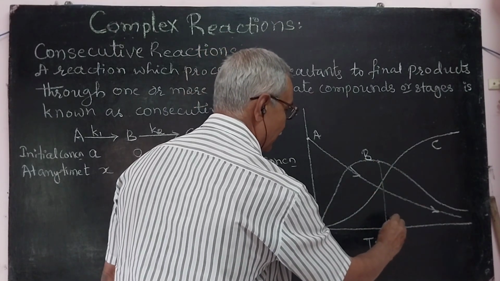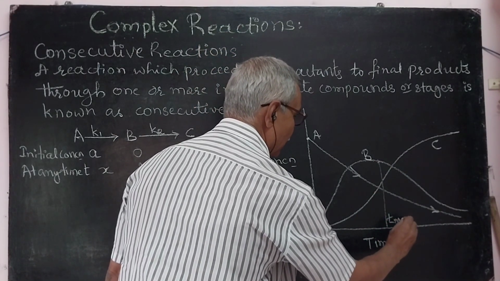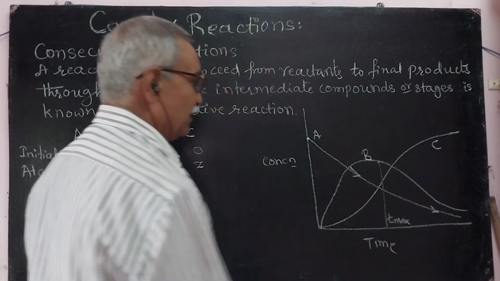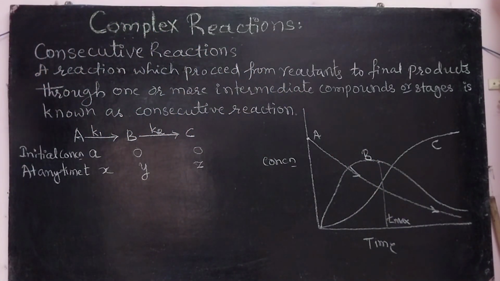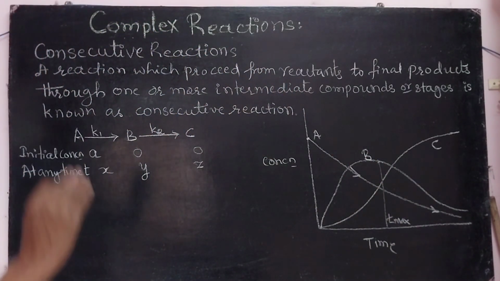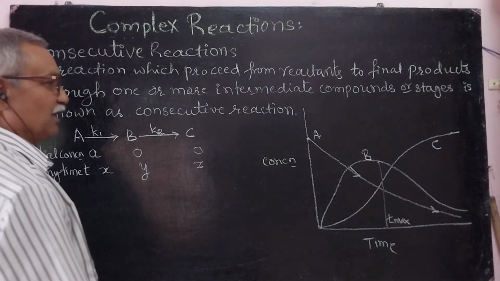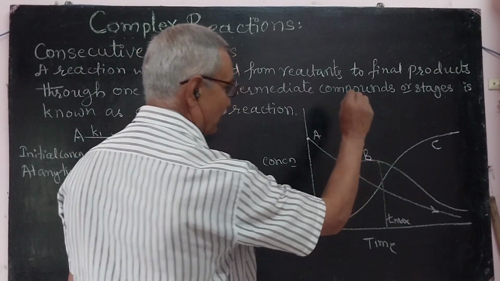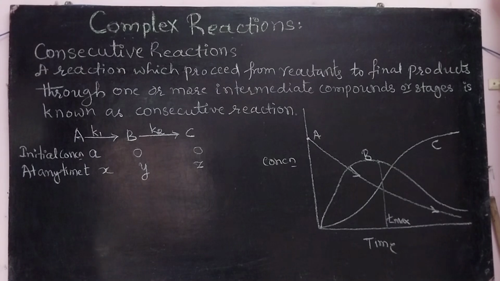Suppose this is t maximum, where the rate of reaction, meaning the overall rate of formation of the product, is maximum. Now about kinetics.